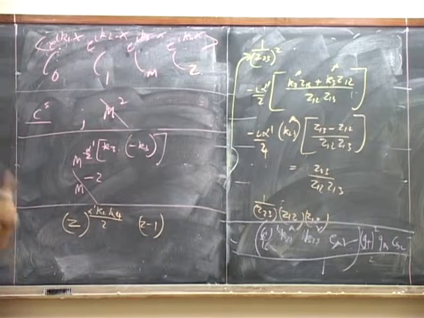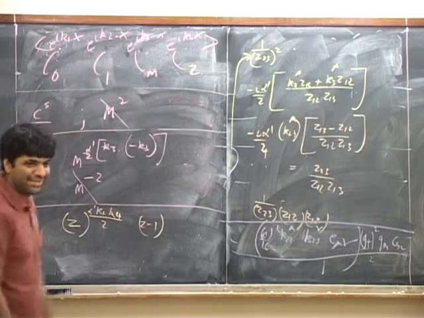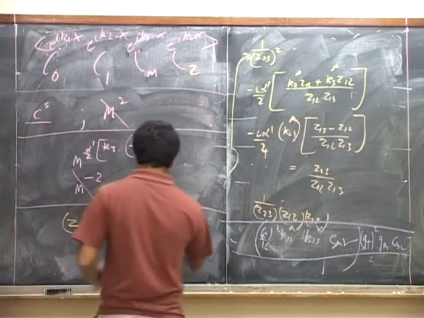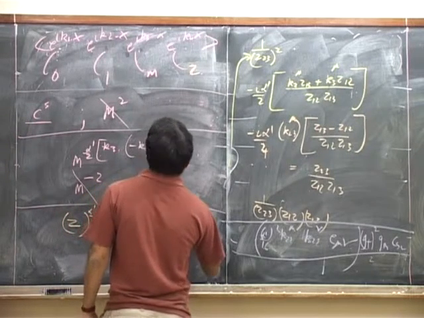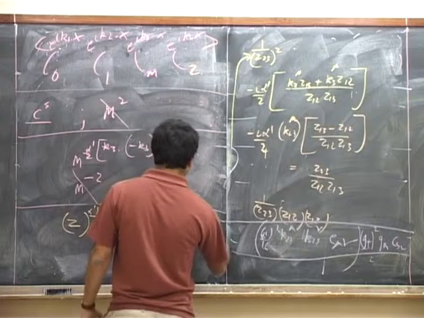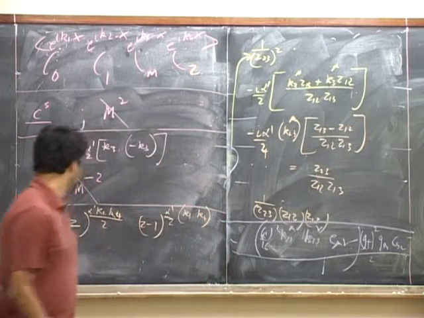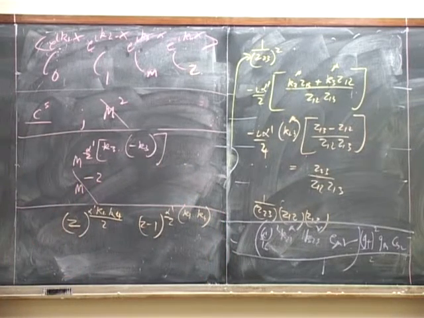I'll mod square it. And z to the power alpha prime by 2 k3 dot k4, z minus 1.